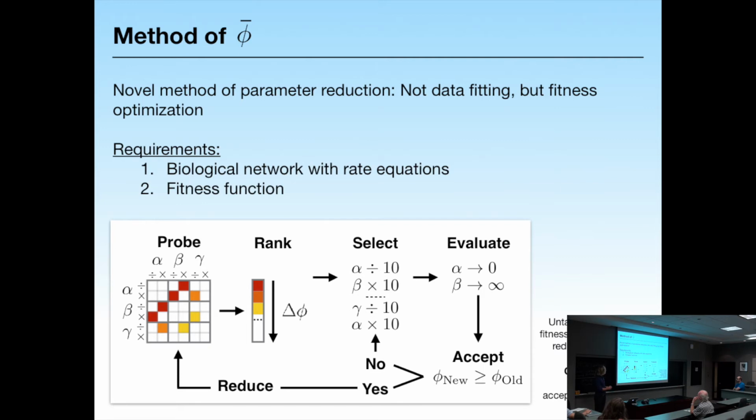We have this biological network of rate equations and a fitness function, being the mutual information. For each of the parameters here, well, in the models we're looking at, there will be 100 of them. We would compute the model for a parameter being an order of magnitude smaller than its initial value, and then compare this with the initial mutual information that we had.